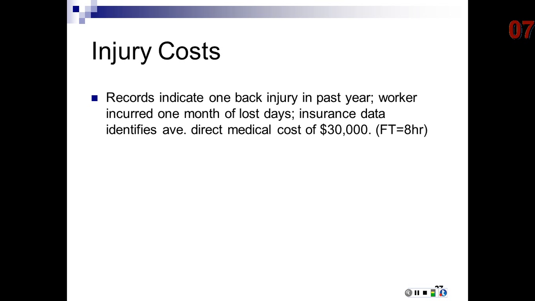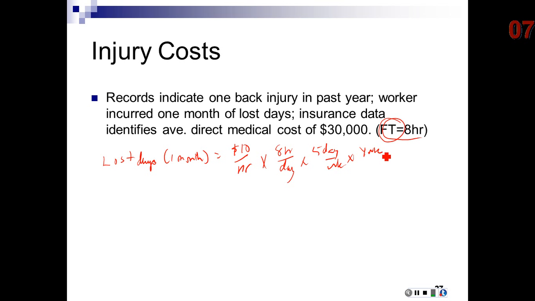Looking at lost work days, he was out a month. That's going to cost us at $10 per hour. Even though the task is only 2 hours per day, he is a full-time worker, so he's out 8 hours a day, 5 days a week, and if it's a month, 4 weeks per month.